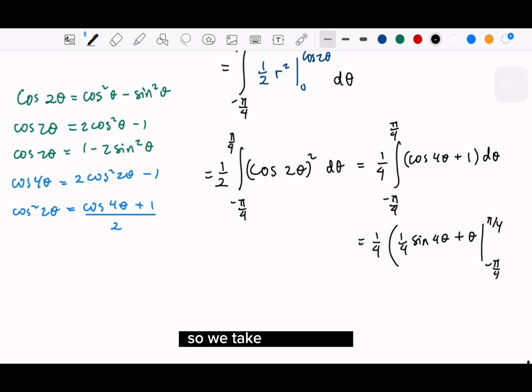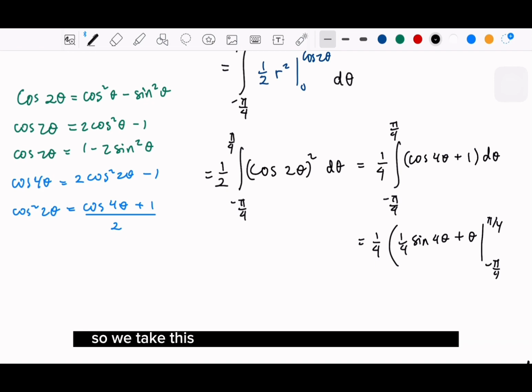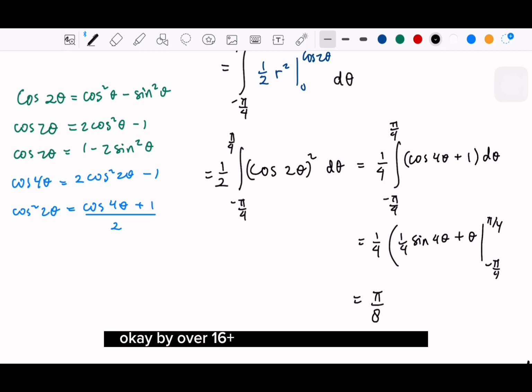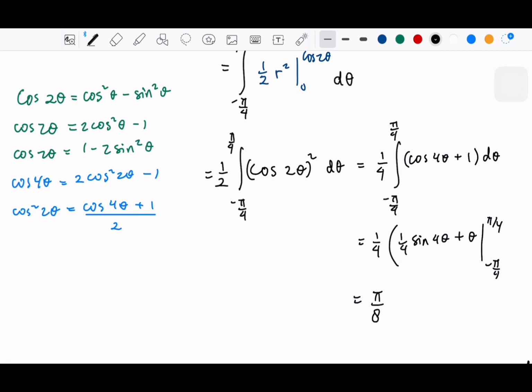So we take π/4, so π/16, and then minus negative π/4. So this is going to be π/16 plus π/16, π/8, right?